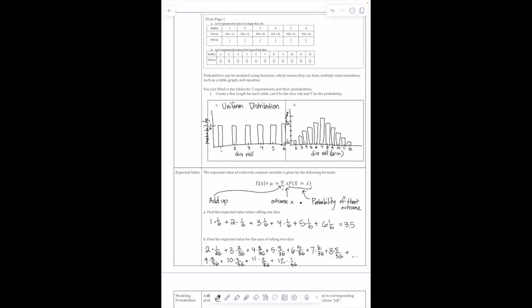A note here, when we type this in our calculator, the denominator will be the same. So to avoid having to type in over 36 over and over again, we can do 2 times 1 plus 3 times 2 plus 4 times 3. So I'm just borrowing from all of these: 2 times 1, 3 times 2, 4 times 3, 5 times 4.